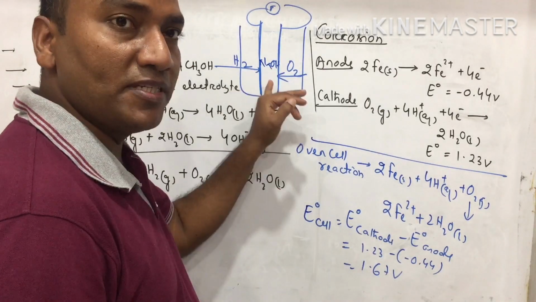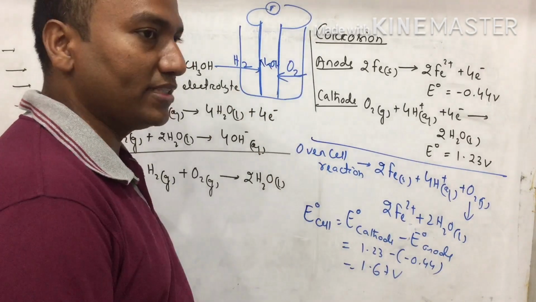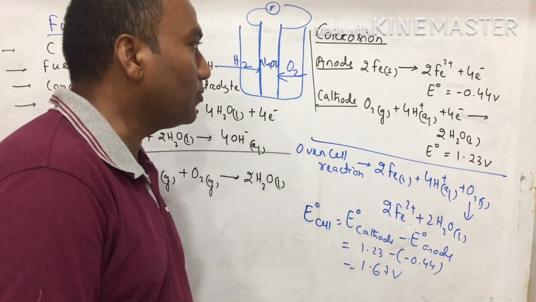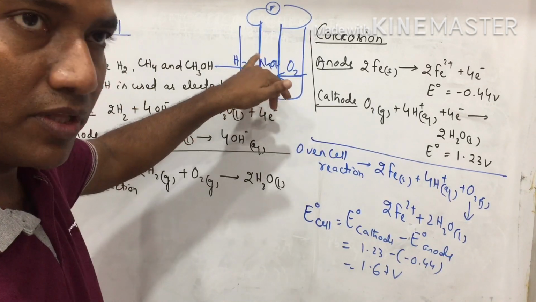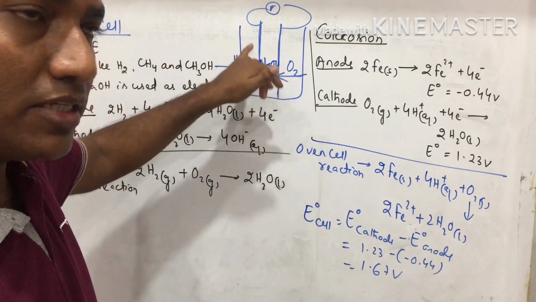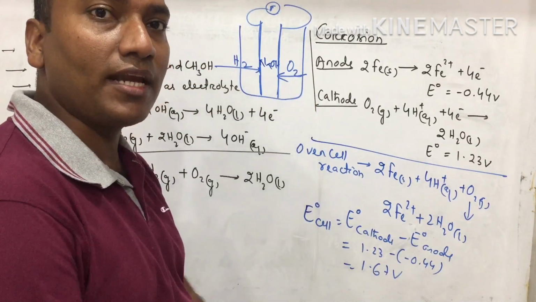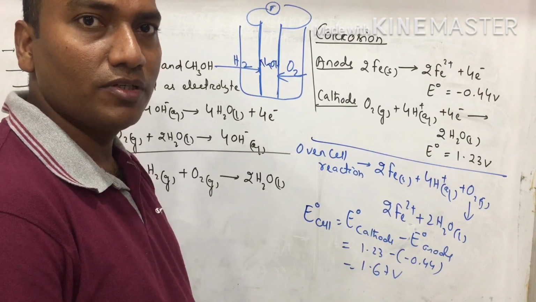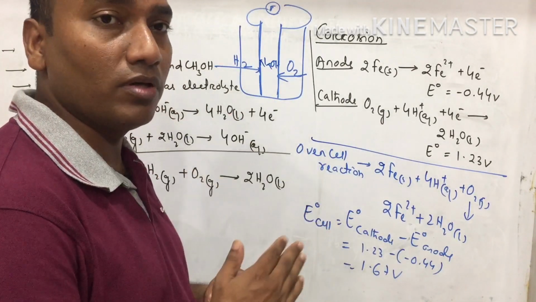Mainly its efficiency: if you compare a thermal power plant and a fuel cell, the fuel cell efficiency is 70%, whereas the thermal power plant's efficiency is around 40%. Clear?